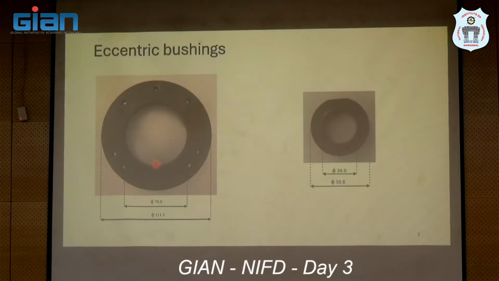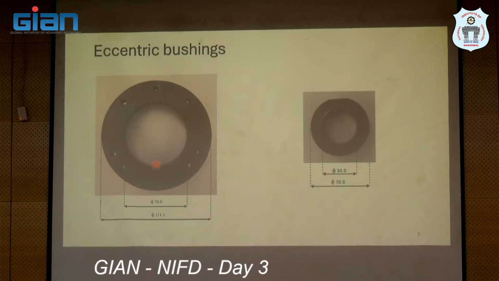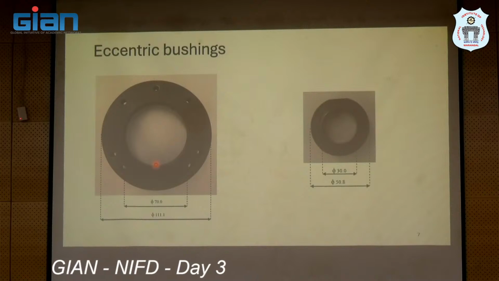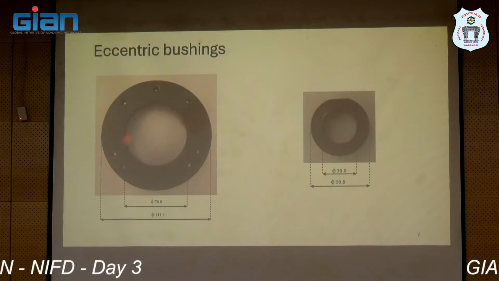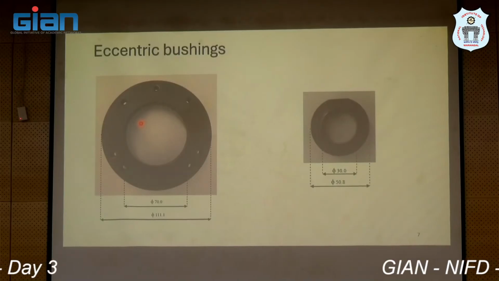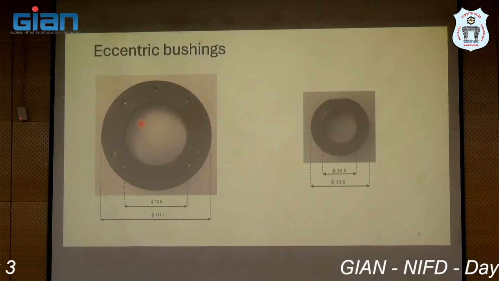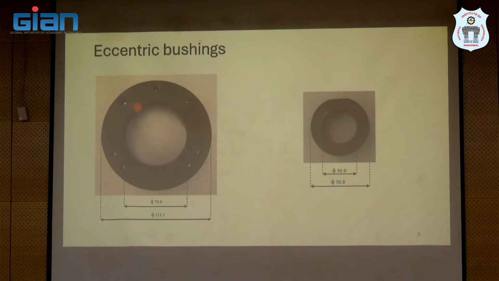So the entire bearing will be placed off center from the original position. If you consider the original point as C1, then when you place the bearing inside this bushing and connect the shaft, the center will no longer be at C1. It will be displaced by a fixed distance.